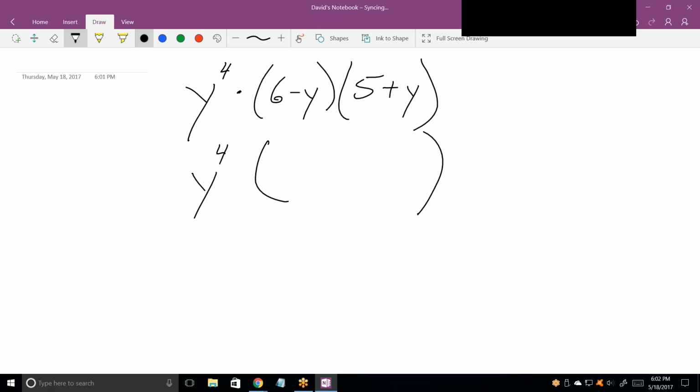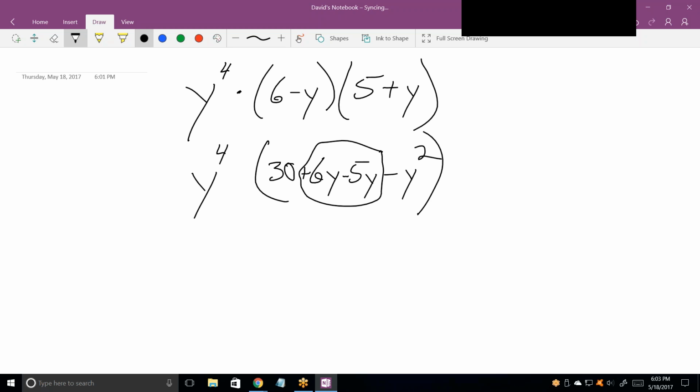Y to the 4th times 30 plus 6y minus 5y minus y squared. Okay. And then it's always the middle two terms that can be combined. I've never seen the first or the last term.